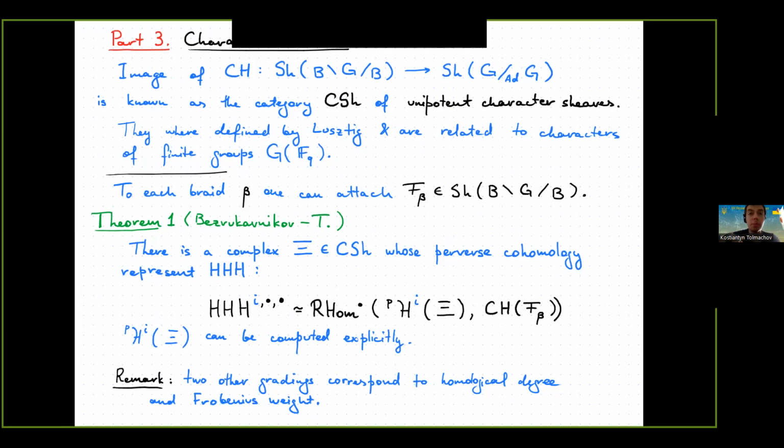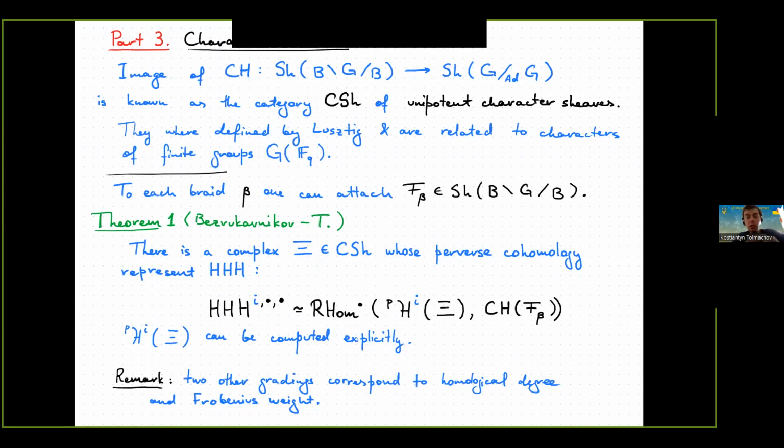So there is a certain complex for which one can write an explicit geometric formula whose perverse cohomology represents Khovanov-Rozansky homology. So the recipe is as follows: to compute the ith part of the triply graded vector space, you take your sheaf F_beta, you send it to the group, and you compute Hom from the ith cohomology of this X_i to the resulting complex.